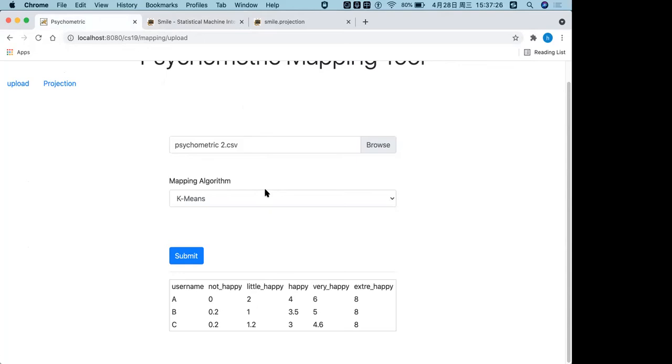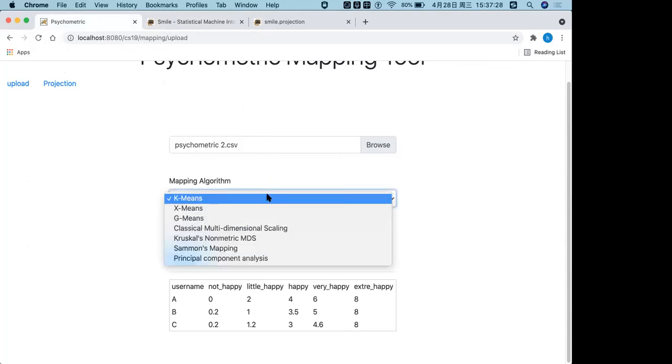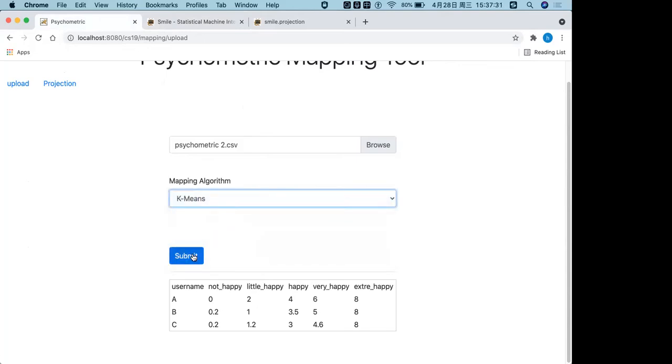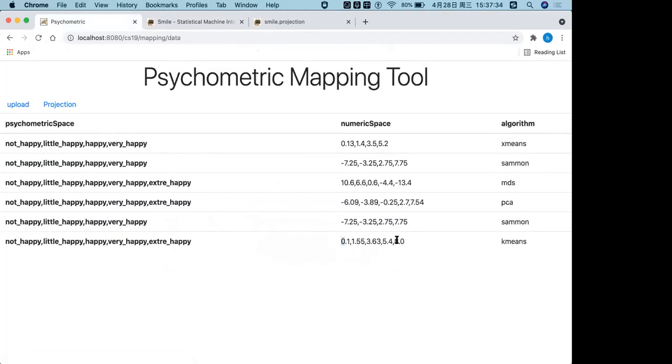So you can try the k-means. Yes. Yeah, this is from k-means. 0 to 8. Maybe the summary is not incorrect here.